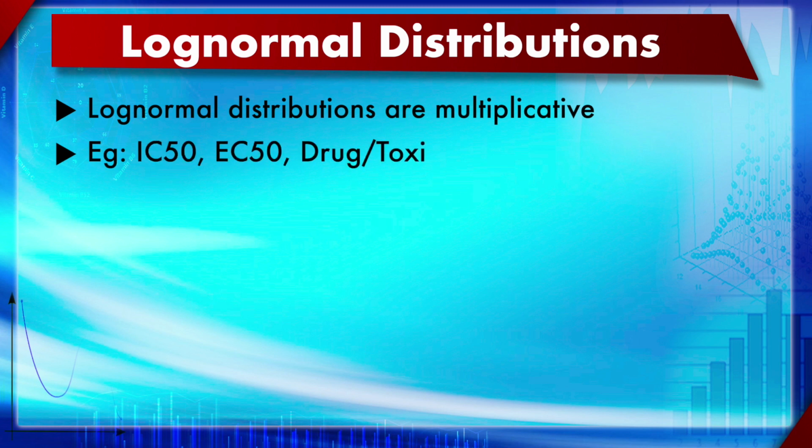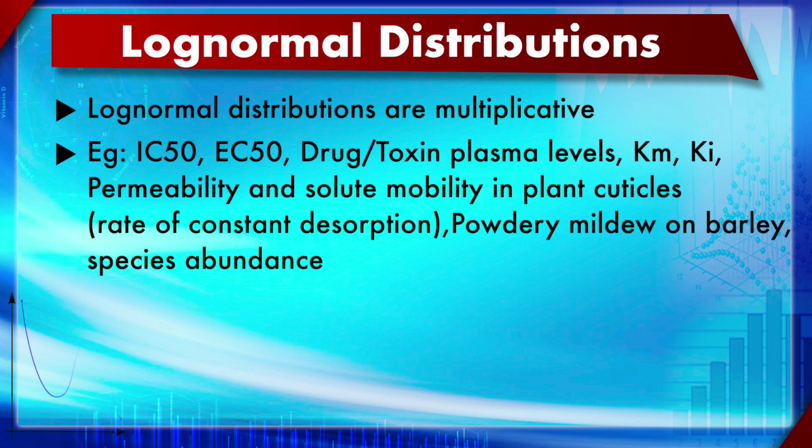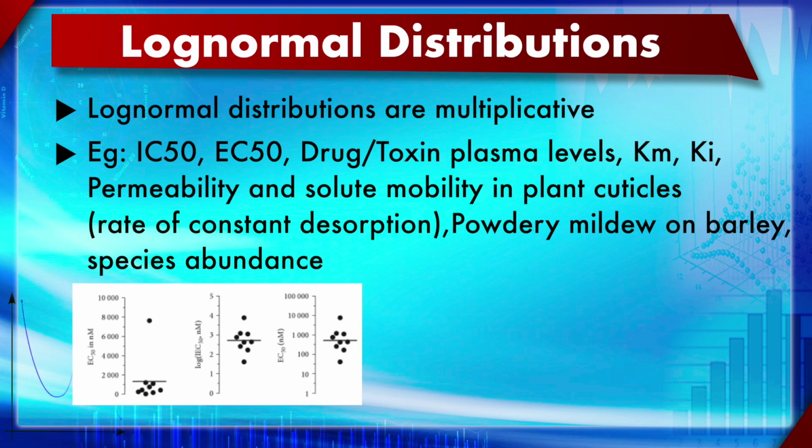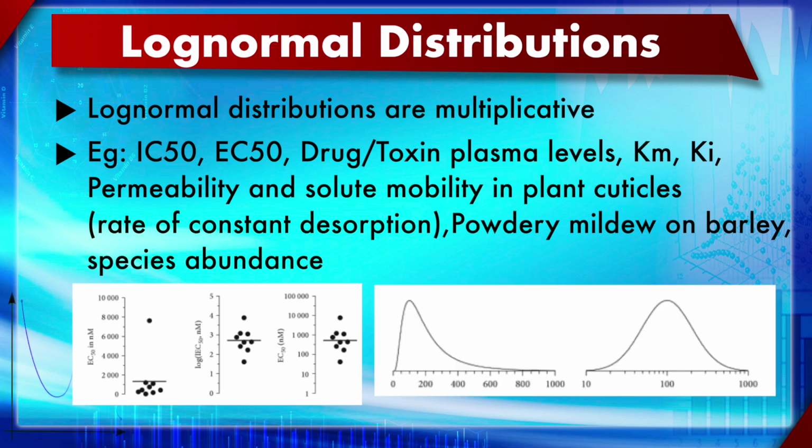For example, EC50 values, IC50, that is inhibitory concentration 50 values, and the drug plasma content, Km, Ki in enzyme kinetics, permeability and solute mobility in plant cuticles, rate constants, and so on and so forth.